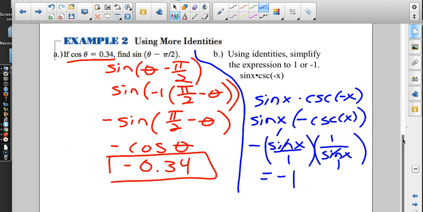The answer to that is negative 1. So using the identities and just reasoning through, okay, there's a negative. What do I do with the negatives? Can I get rid of it? Do I have to keep it? Where do I want to put it? What do I know about sine, and what do I know about cosecant that can help me as I go forward?